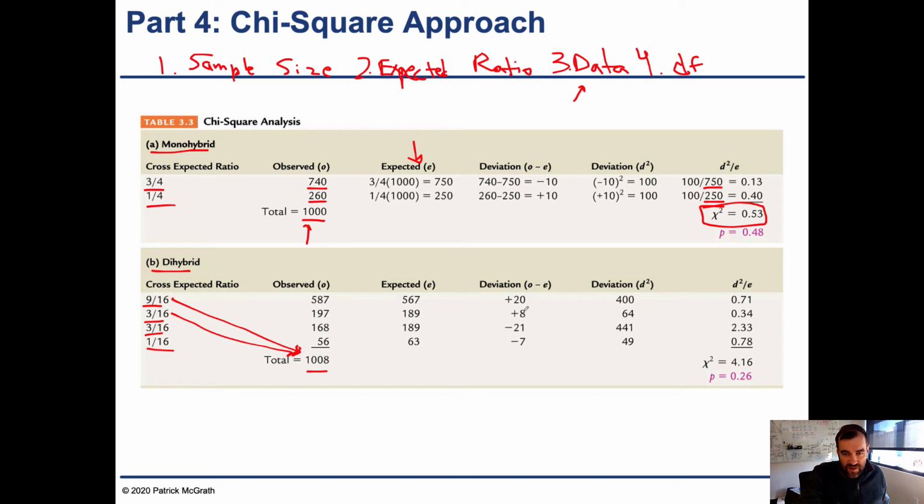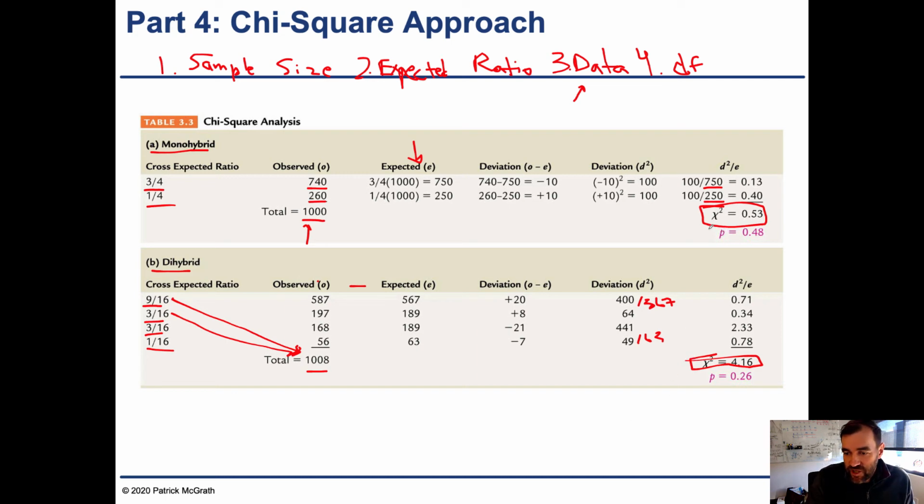Again, we subtract them from each other, this minus this, and then we square it to get 441, 49. And then we divide this by 567, this by 63, etc. And then this gives us our statistic, which by summing up, we get our total chi-squared statistic.